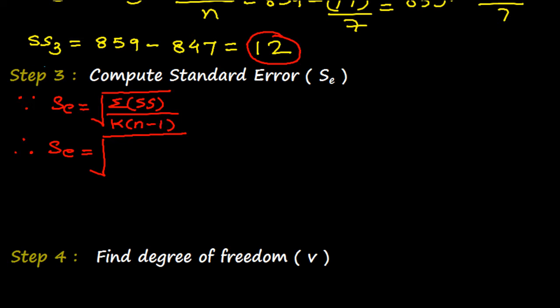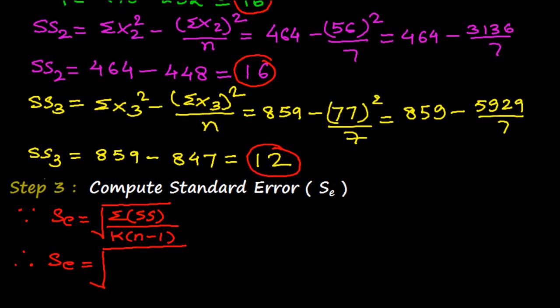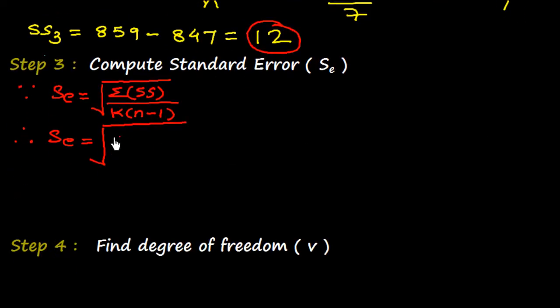We know that the SS we have got here, SS1, SS2, SS3, we have to put down all of these: 16 plus 16 plus 12. Number of groups, we know that there are 3 groups, A, B, C. 3 we have to write down. N is the number of observations in each group, which is 7. 7 minus 1.